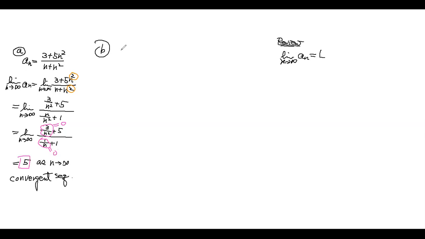Now let's take a look at part B. The general term is defined as a_n = 2 + (0.6)^n. The same way, let's take the limit as n approaches infinity of a_n, which is the limit of 2 + (0.6)^n.